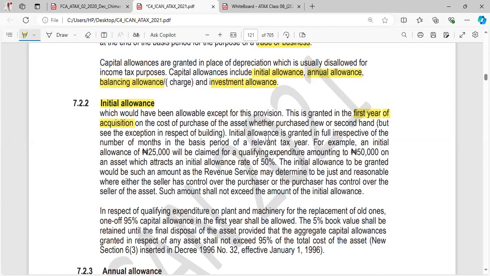One of the characteristics of initial allowance is that it is granted in full, irrespective of the number of months in the basis period for the relevant tax year. So, for example, an initial allowance of 25,000 will be claimed for a qualifying capital expenditure amounting to 50,000.